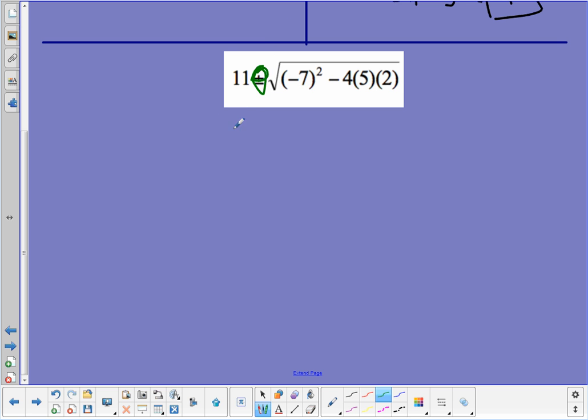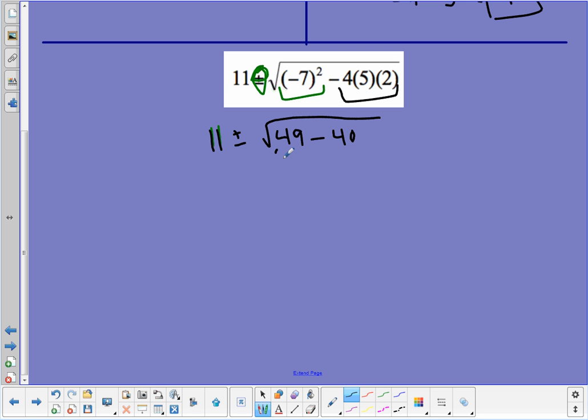I need to first simplify under the radical, and again use parentheses for that negative 7. Negative 7 squared is positive 49. So the 11 plus or minus, and then the square root of positive 49. Then do this piece. Negative 4 times 5 is negative 20. Negative 20 times 2 is negative 40, so minus 40. That's what I'm looking at there.